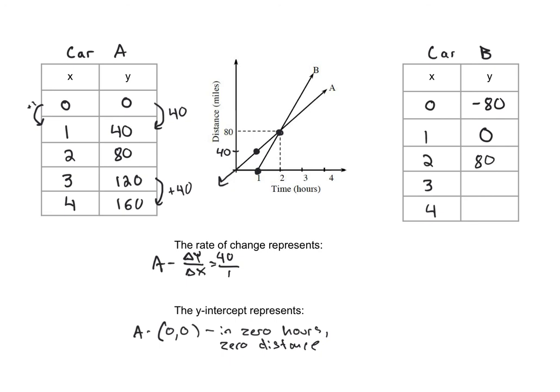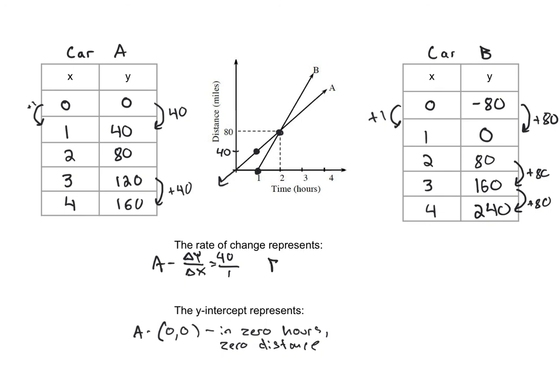So then we can use this and say, well, when x is increasing by 1, y is increasing by 80, and that checks out with our rate of 80 miles per hour. So then we can just add 80 here. So we have 160, and then add 80 here to 240.